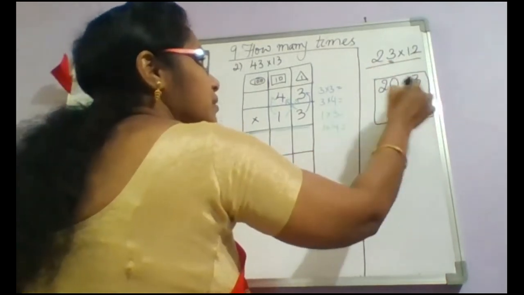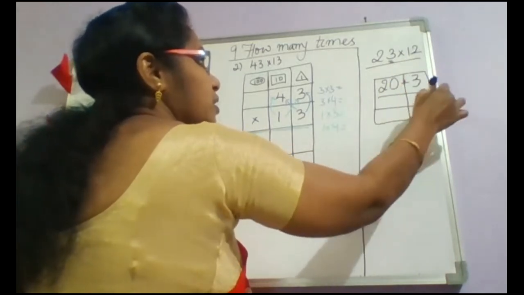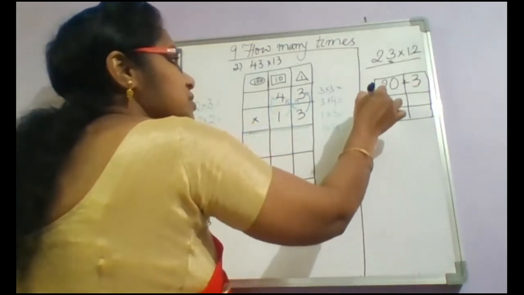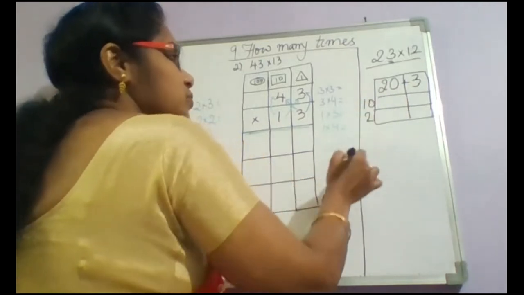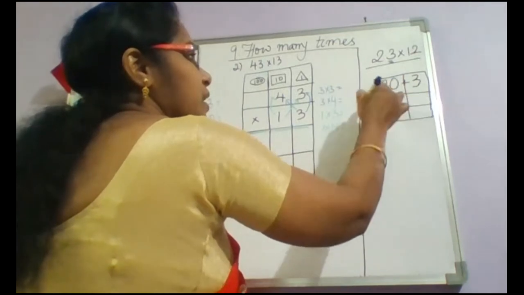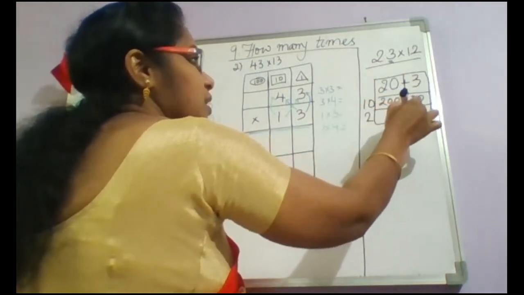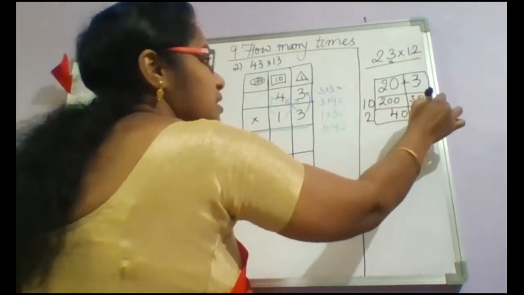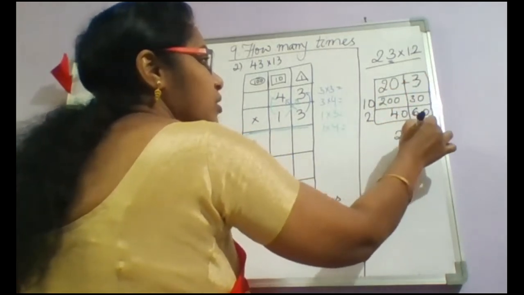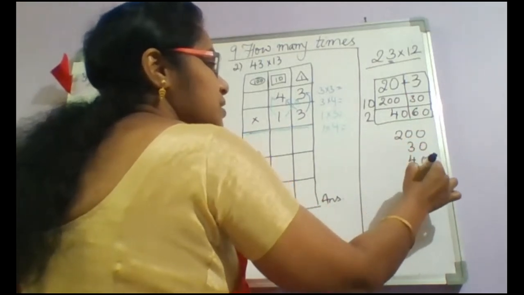Then you write 12 also in terms of tens and ones, that is 10 and 2. Then you multiply 10 into 20, that is 200. Then 10 into 3, that is 30. Then 2 into 20, that is 40. And 2 into 3, that is 6. At last you add all those numbers: 200 plus 30 plus 40 plus 6.